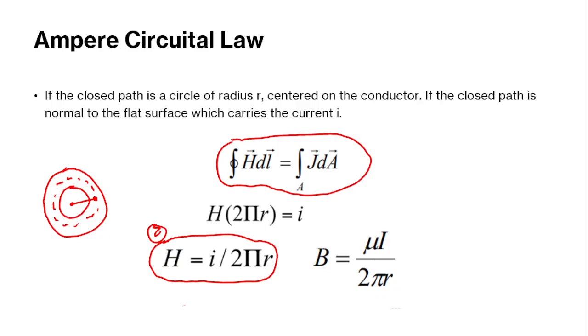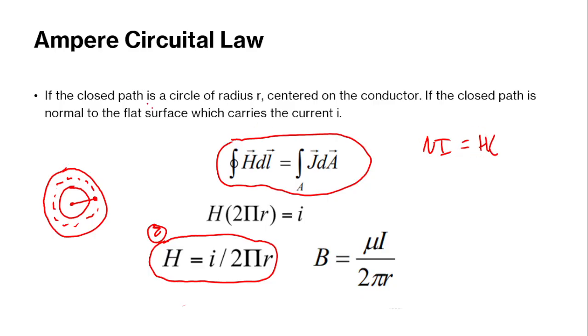You can use this only with the closed path, when you can use Ampere's circuital law. If you're given the current and you have the length, you can get the field intensity. That's basically just a derivation of this.